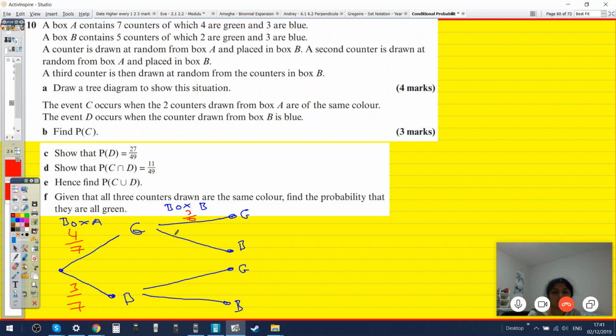Okay. Part B. That's also 3/6. And if the counter is blue, then it would be 2/6 for the green one, and then 4/6 for the blue one.